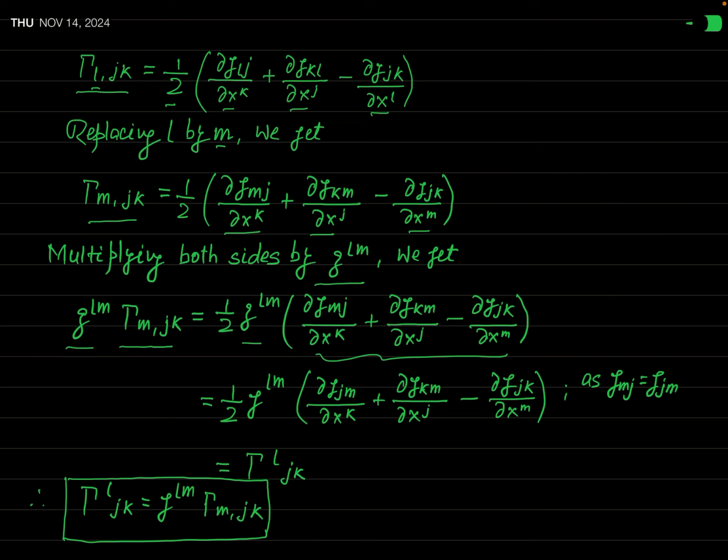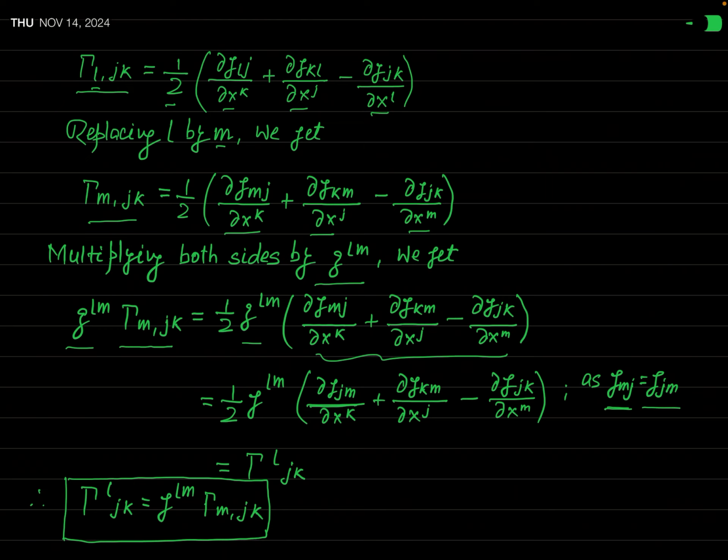Now you know that the metric tensor g_mj is symmetric, so g_mj will be equal to g_jm. So instead of g_mj in the first term, you can write g_jm.